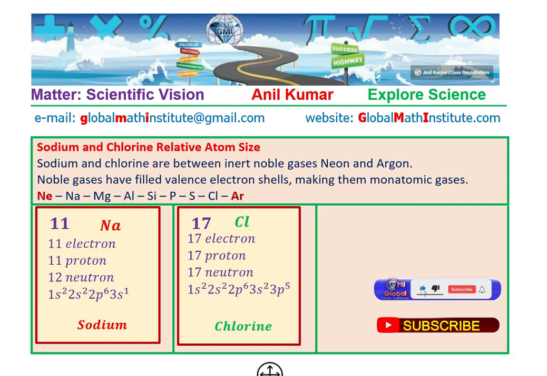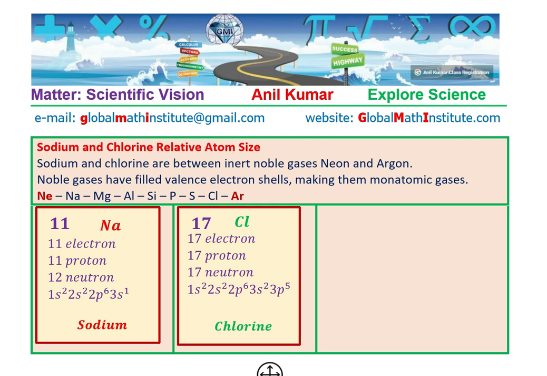Let's look at it once again. What I did here is give you more insight into the atoms of sodium and chlorine. As I was saying, sodium and chlorine are between the inert noble gases, neon and argon, right? That's kind of important. Noble gases have filled valence electron shells, making them monoatomic gases.